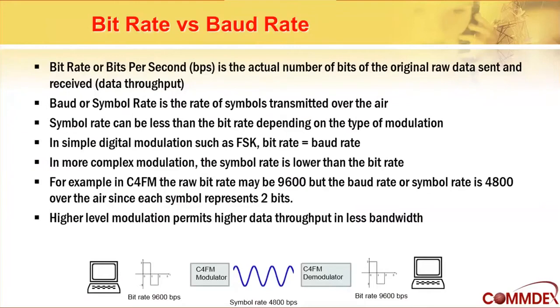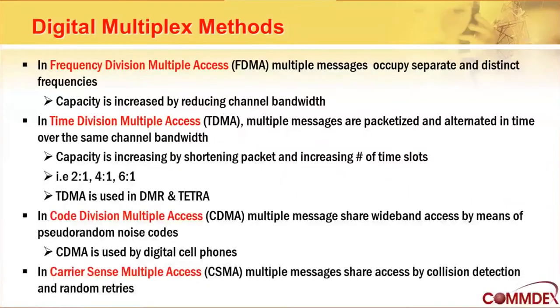And as we said earlier, in C4FM, we might have a raw bit rate of 9600, but the symbol rate, or the baud rate, is actually 4800 since each symbol represents 2 bits. So the more sophisticated the modulation, the lower the symbol rate relative to the bit rate. And this animation was showing in the drawing how it goes through.